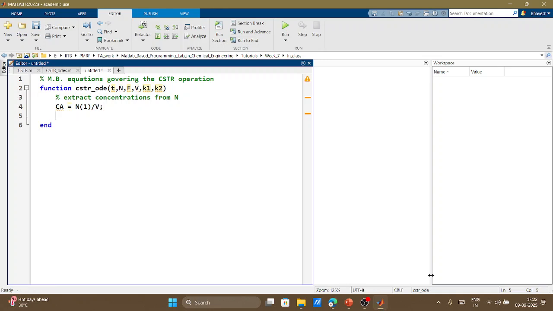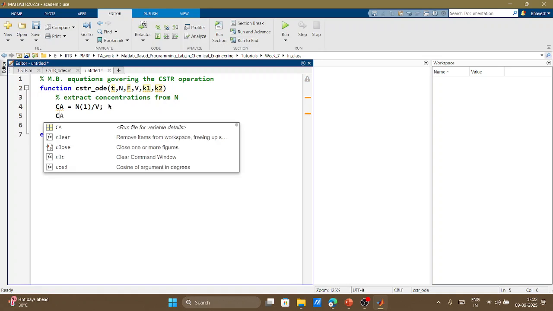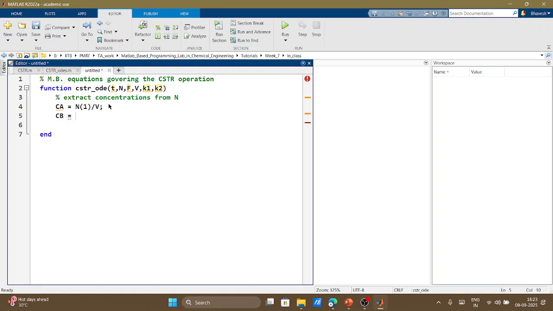So the vector N that I am putting, I am considering it as moles of component A, right? Moles of the given component. So that's why I am dividing by V. If you are considering it as direct concentration, that is also fine. Again, just a different approach, a different way to solve this problem, right?